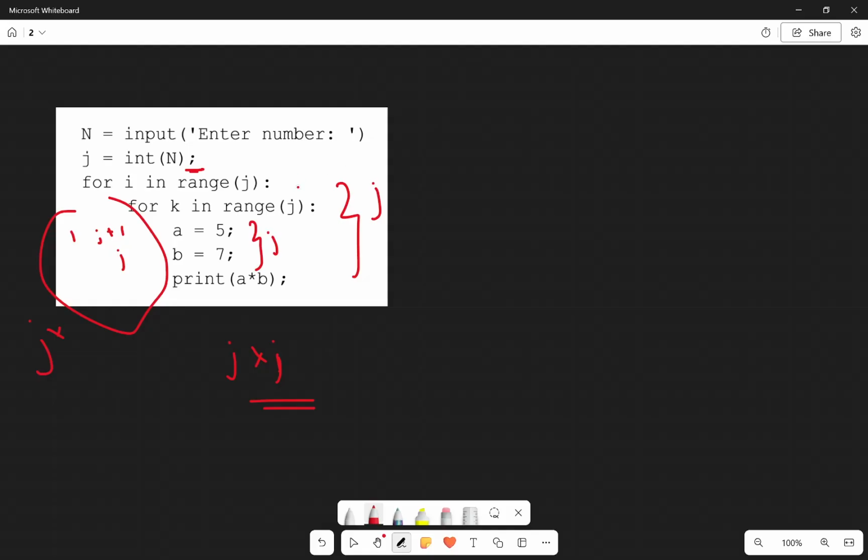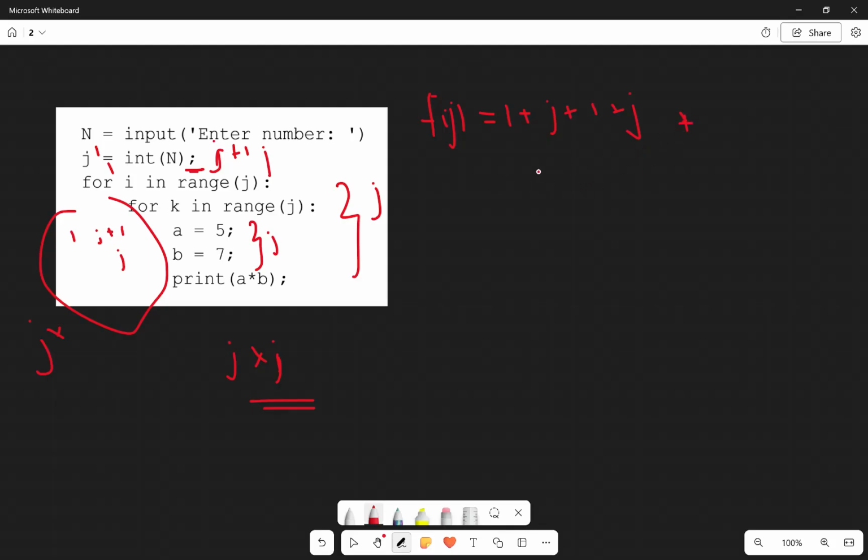Therefore, what are we going to get? The initialization once, the condition j plus 1, the increment j. So we can say f(j) equals 1 plus j plus 1 plus j plus the body.